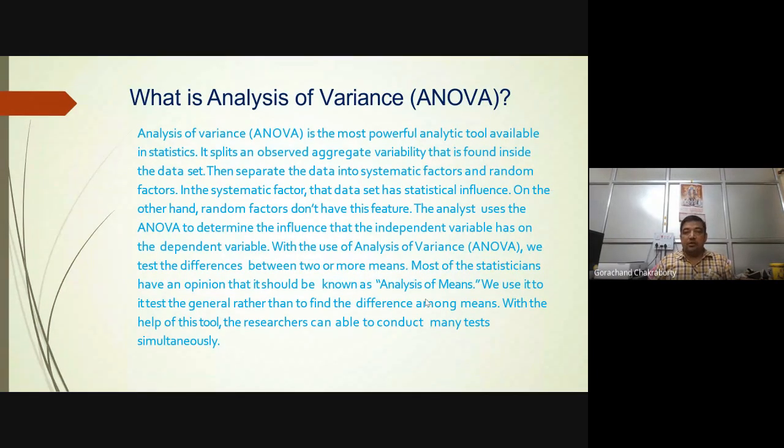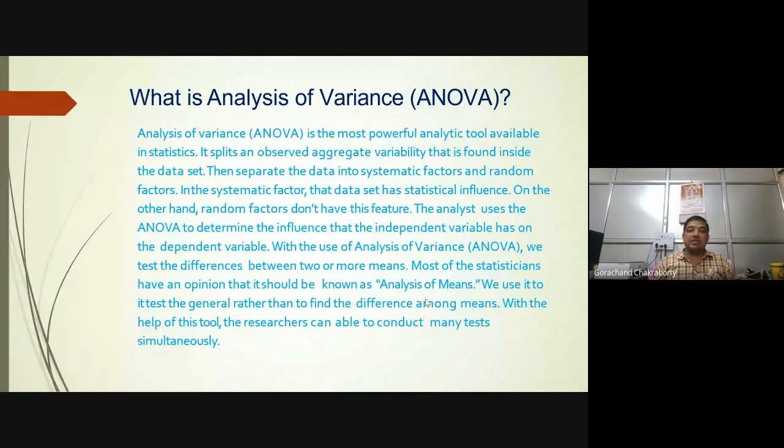With the use of analysis of variance, we test the difference between two or more means. All of us know that means are averages. Most statisticians have the opinion that it should be known as analysis of means, so we can rename this topic as analysis of means. We use it to test the general rather than to find the difference among means.